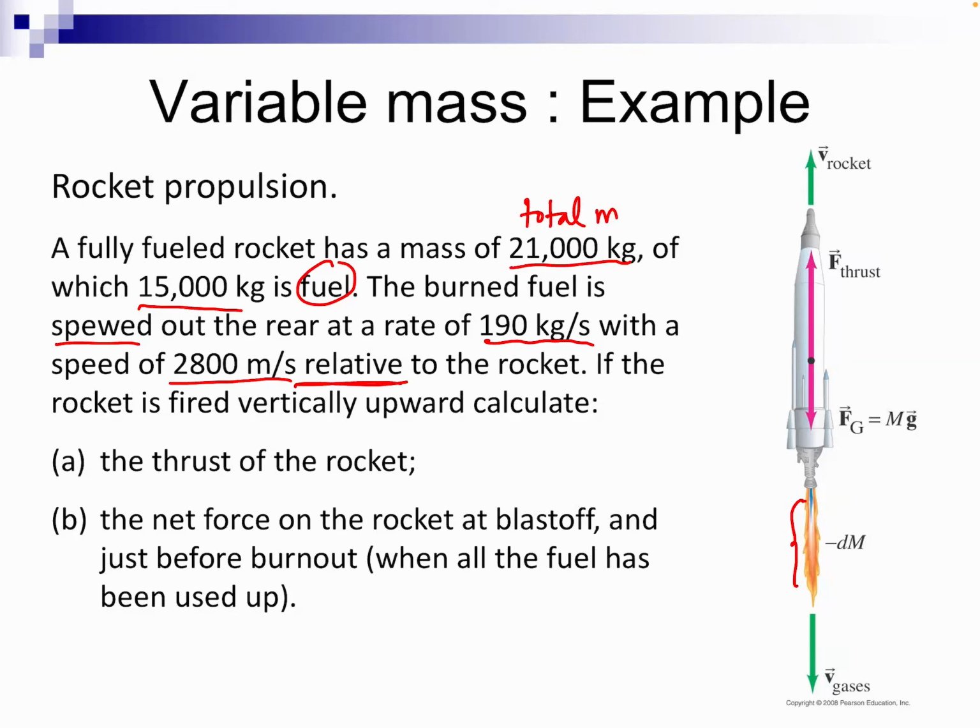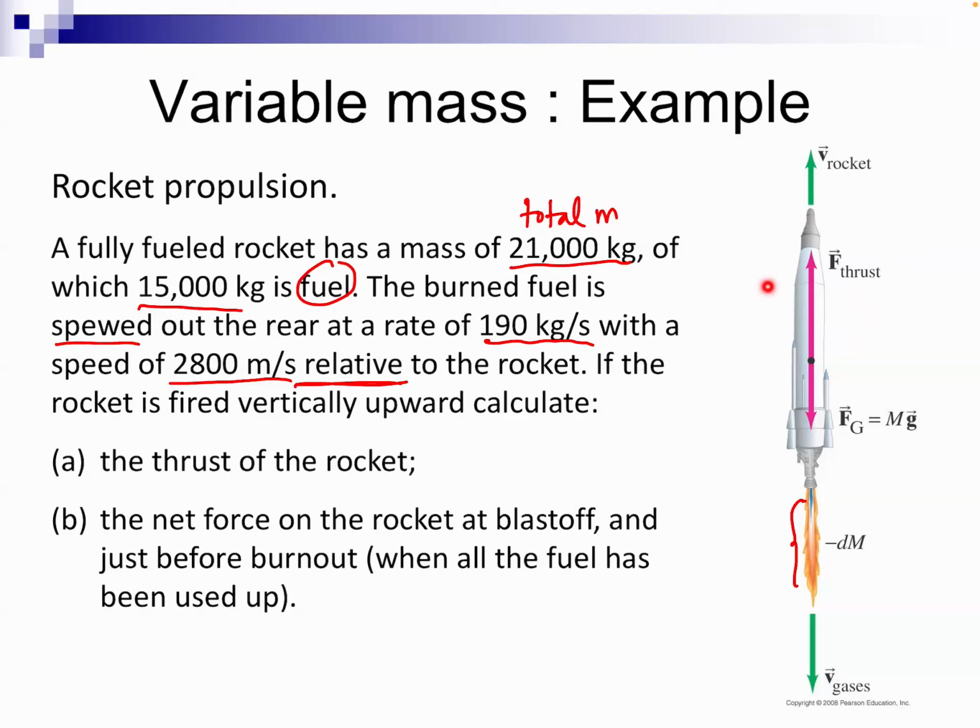If the rocket is fired vertically upwards, we want to calculate the thrust. If you draw the free body diagram of the rocket, you have, of course, the weight force. Every object that has mass will have a weight force or gravitational force that's always downwards. And you have this thrust force that will propel the rocket upwards.